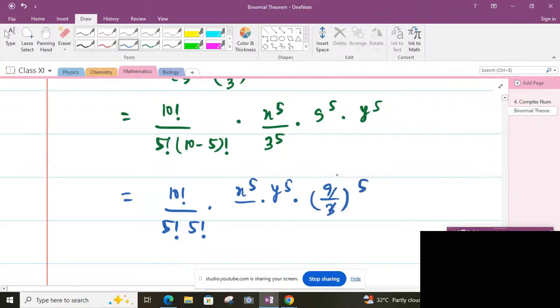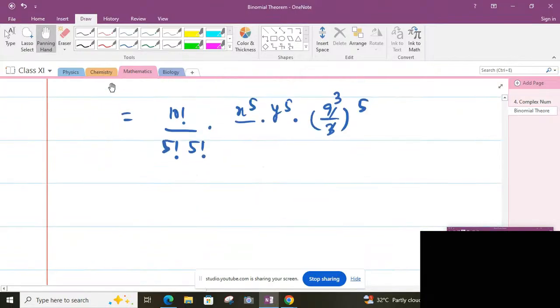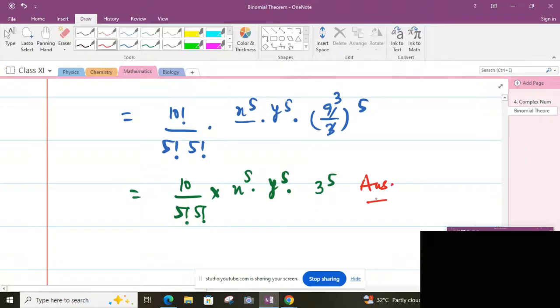Three threes are nine. So the last step here will be factorial 10 by factorial 5 into 5, into x to the power 5 into y to the power 5 into 3 to the power 5. So this one will be the answer. Hope there is no problem understanding the solution of this question.